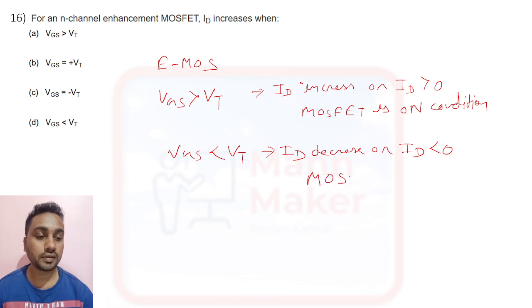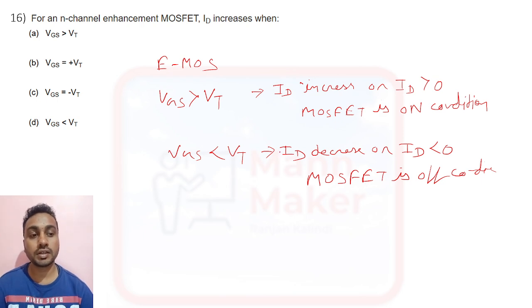So in this case, the MOSFET is in off condition. So the question will come like this: which one is the MOSFET in on condition? You have to give the answer VGS is greater than VT. Like this you need to remember.